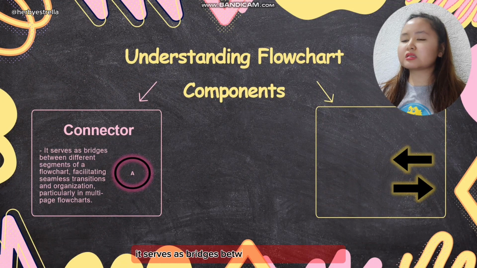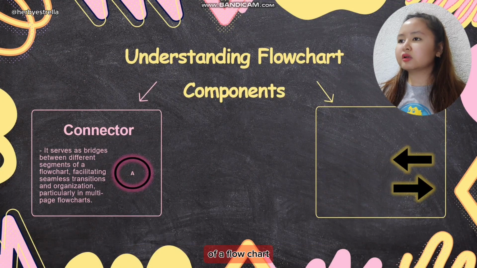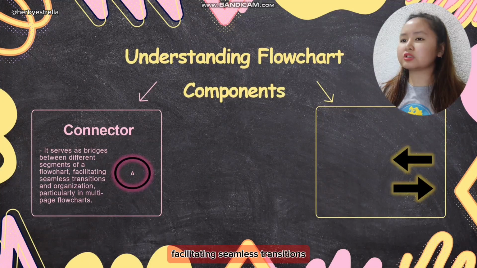Connector. It serves as a bridge between different segments of a flowchart, facilitating seamless transitions and organization, particularly in multi-page flowcharts. It's like if the whole canvas or paper that you are working with doesn't fit your flowchart because of how big it is or how many components you put, use this instead for a neater format of transferring the other parts of your flowchart to a wider space, canvas or paper.